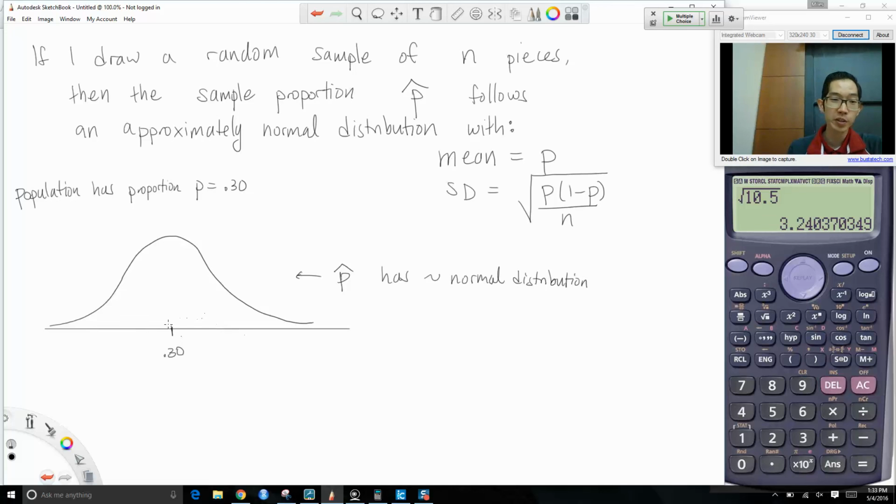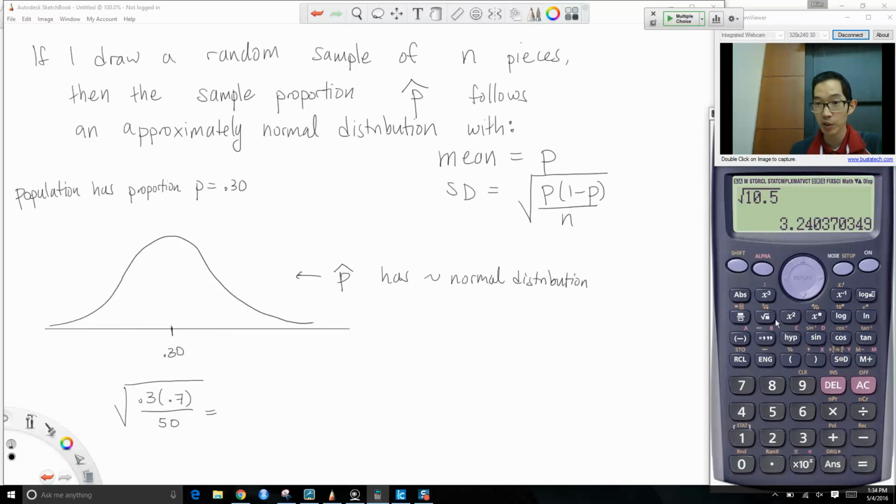Where the center is around 0.3, but because of random chance, we can get higher, we can get lower, and the standard deviation is going to be the square root of 0.3 times 1 minus 0.3, which is 0.7, divided by 50.